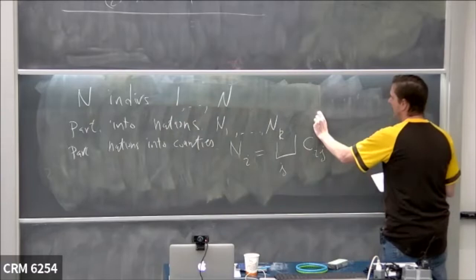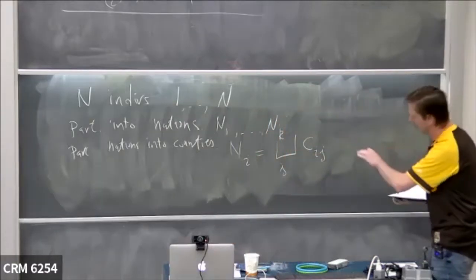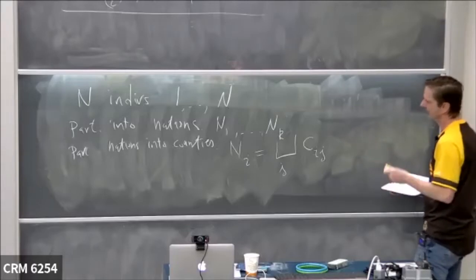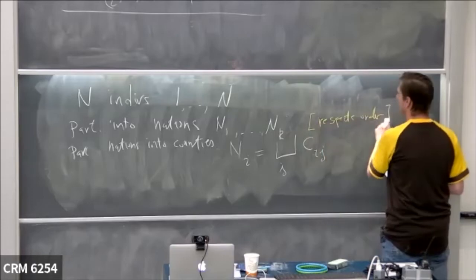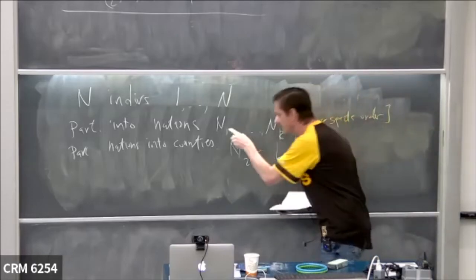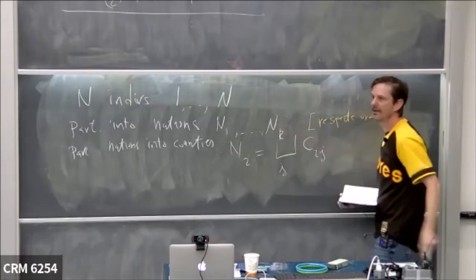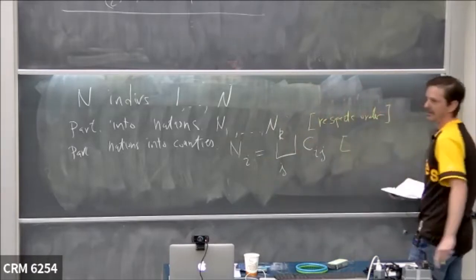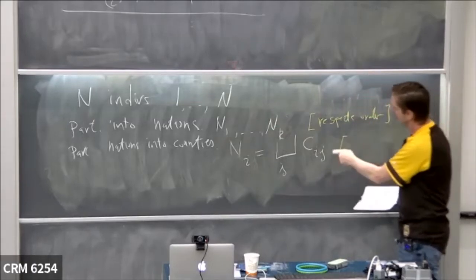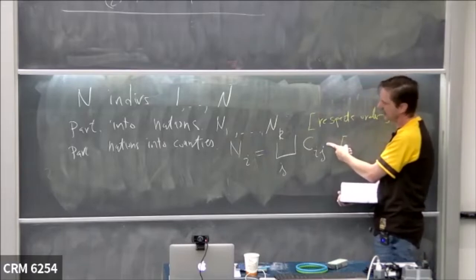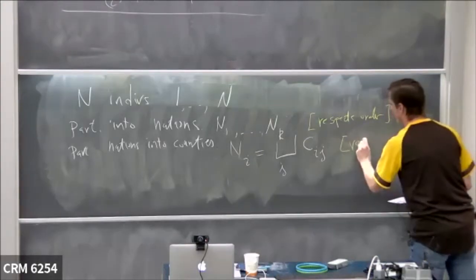There's one more thing I want to add here. It isn't necessary, but in order to get closer to a transversal, we will assume that this respects order. In other words, individual 1 is in nation 1, individual n is in nation N_k. Same thing here, as I partition nations into counties, individual 1 goes in county 1. So this will also respect order.